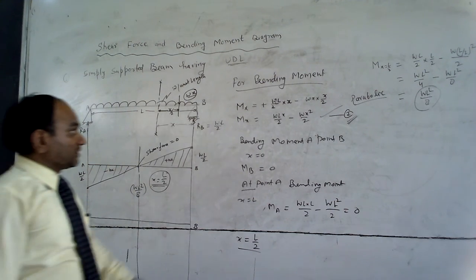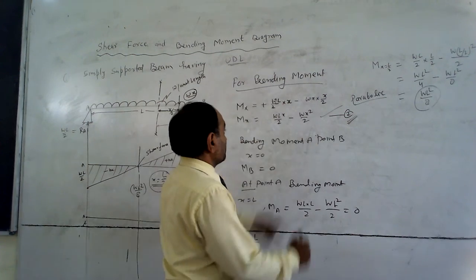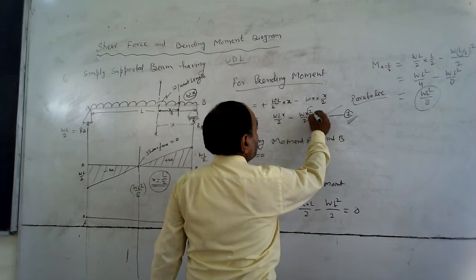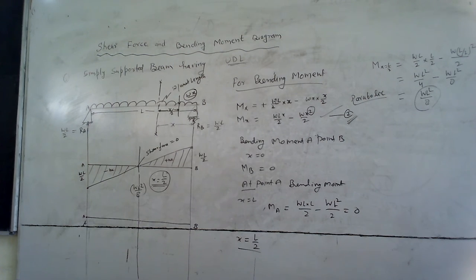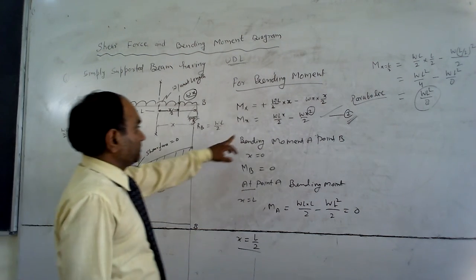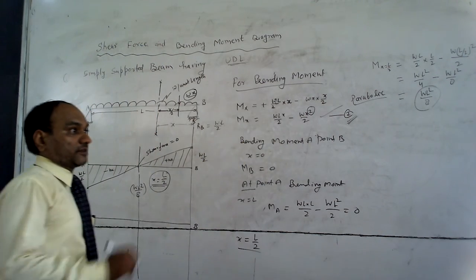We can easily say from this figure and these equations, because it depends on x square, so this is a formula of the type y equal to ax square.